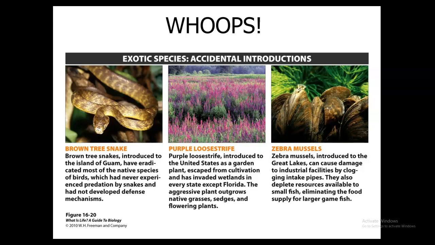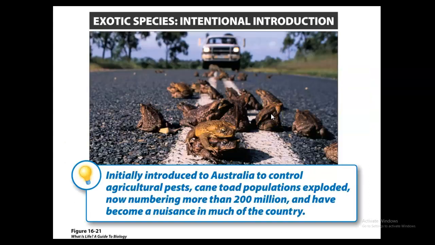The zebra mussels were introduced to the Great Lakes. They can cause damage to industrial facilities by clogging intake pipes. They also deplete resources that were available for smaller fish and eliminate a food supply for large game fish. Here, initially introduced to Australia to control agricultural pests, we have the cane toad.